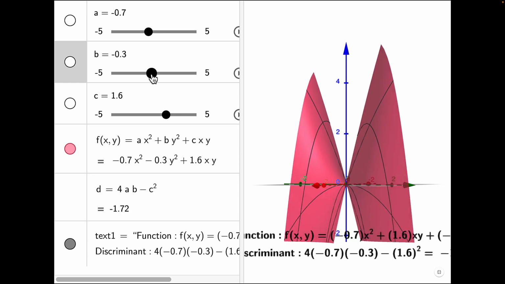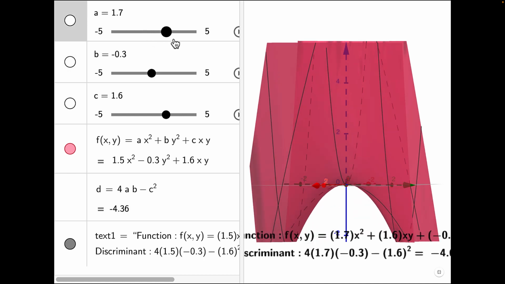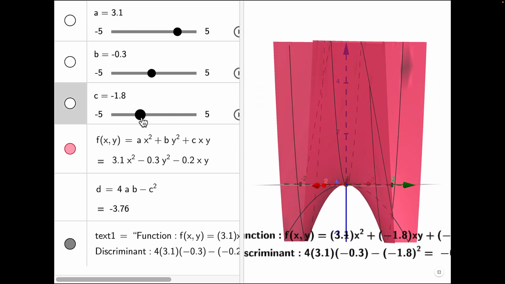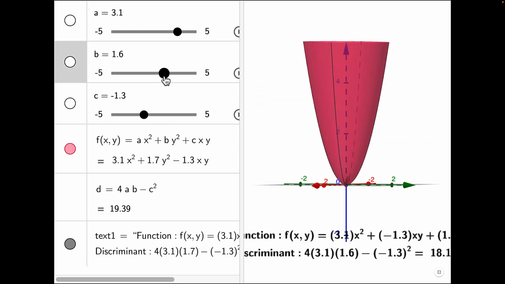Then it changes things, and we can go back and come up with another elliptic paraboloid looking upward. These are all the options that I can get. Again, sometimes when the discriminant is 0, I don't know what I'm getting. I'm getting cylinders, and they could be looking downward or upward. And this is something good for your lab sections.